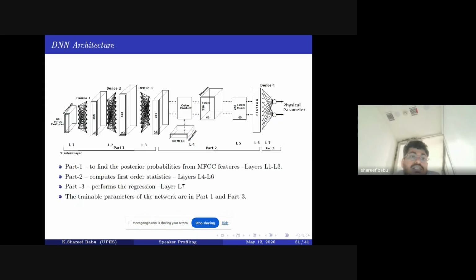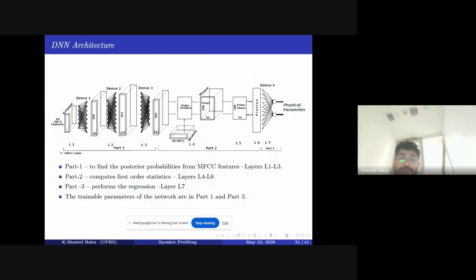So let's try to understand the DNN architecture which we have developed for predicting the physical parameters. Here, we have divided this particular architecture into three different parts. Part one and part three are trainable layers, and part two is kind of a frozen layer.